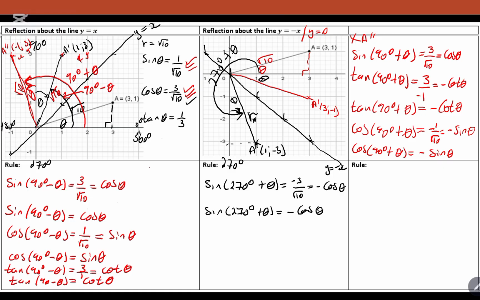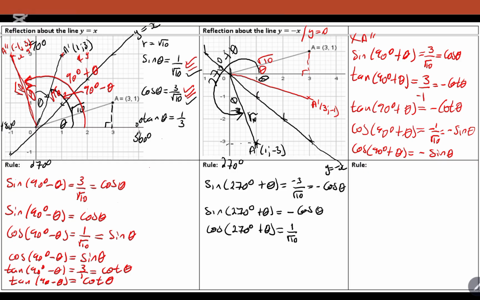Now, what about cos of 270 degrees plus theta? Cosine of 270 plus theta. Now this is x over r, that is 1 over the square root of 10. But what is 1 over the square root of 10 from our original?